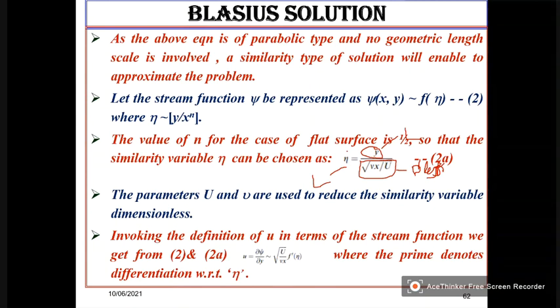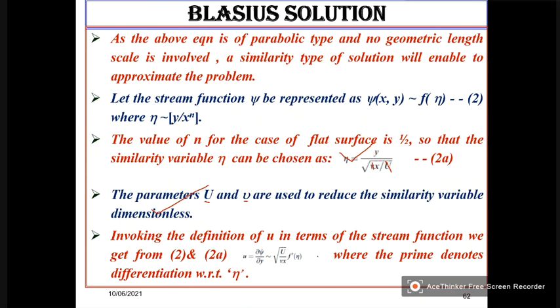So therefore, this is dimensionally valid. So the parameters u and nu are used to reduce the similarity variable to dimensionless. See why this nu and this u are used in this definition is only to make this dimensionless.